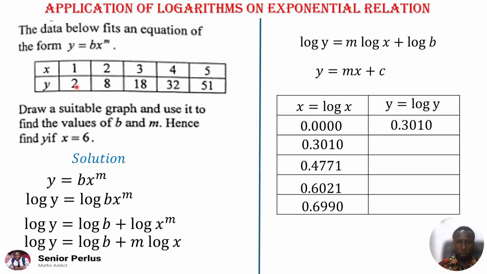Y is 8 here, so log 8. Y is 18 here, so log 18. Y is 32 here, so log 32. Y is 51 here, so log 51. Very good. So we are going to use this to plot what? A graph. Okay, we are going to use this to plot our graph. Very easy.